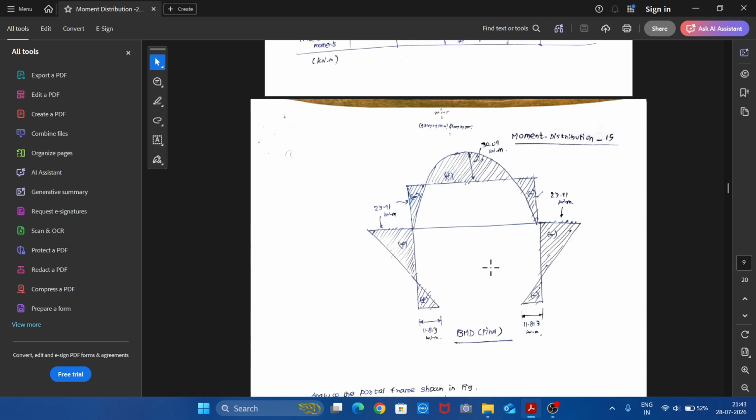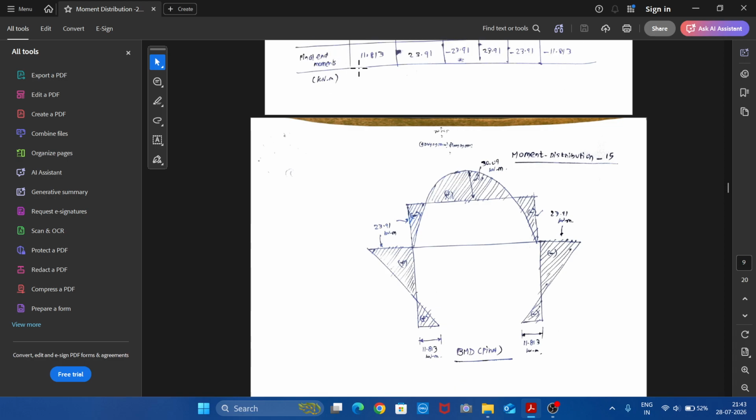So how do we draw the bending moment diagram? Let us see. Say the moment at MAB is 11.813. So plus 11.813 means clockwise. So stand here, apply a clockwise moment and see where this column will move, whether it will move inside or outside. If I apply a clockwise moment, this moment will push the member inside.